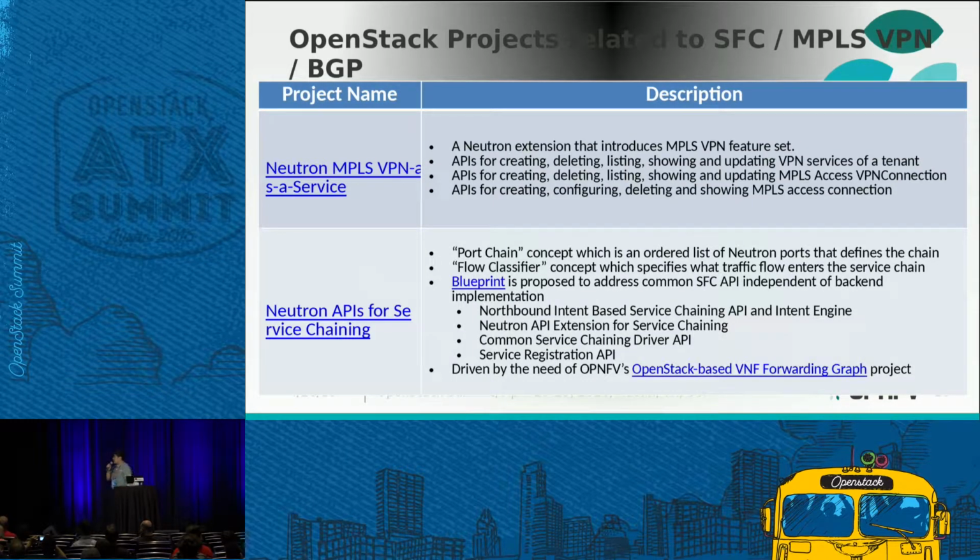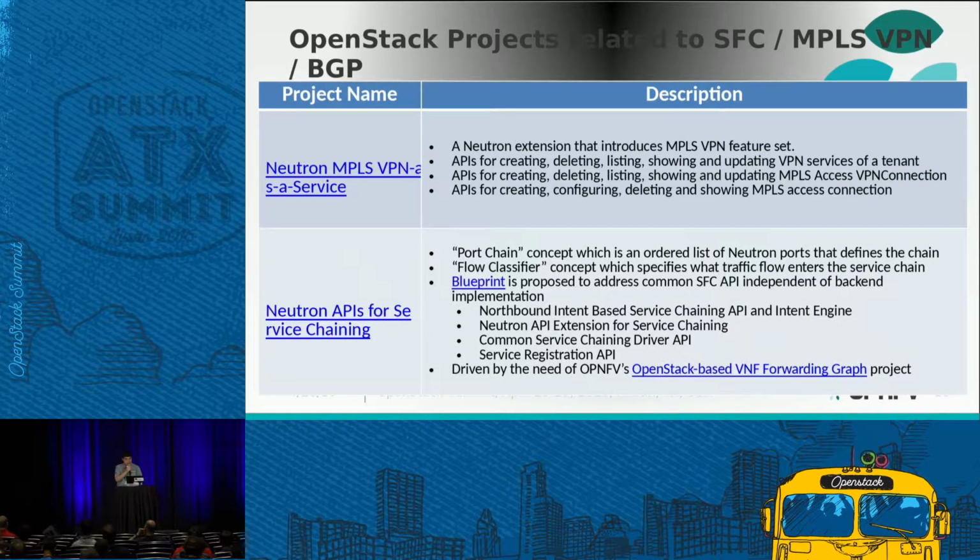And as the team introduced in the demo, lots of different projects have been involved in implementing SFC, as well as some other projects that could be beneficial in creating the service function in different types of implementations. For example, here on OpenStack, there are different projects, including the Neutron BGP VPN as a service project, which basically provides APIs to create, delete and list the different VPN services and VPN access services.